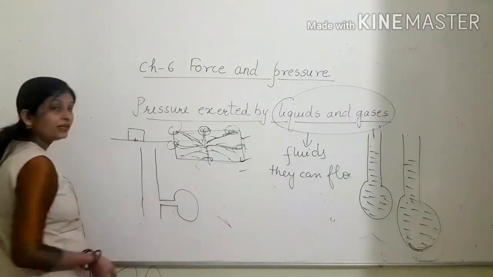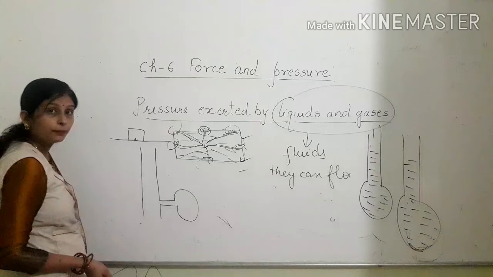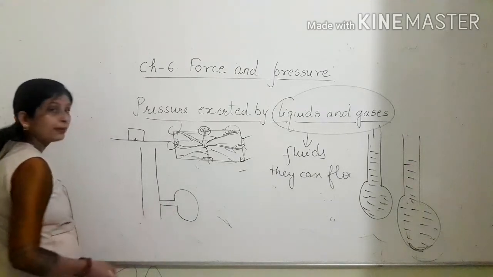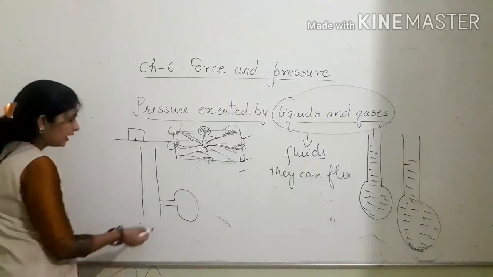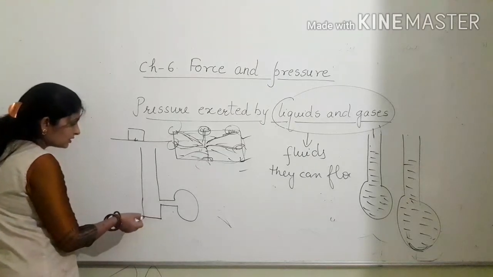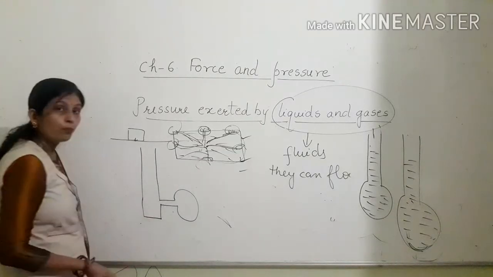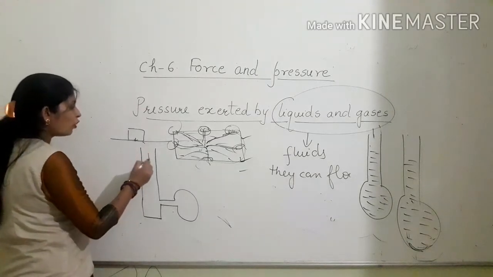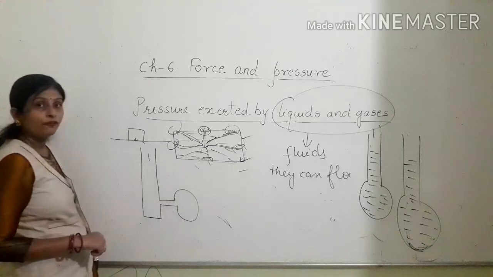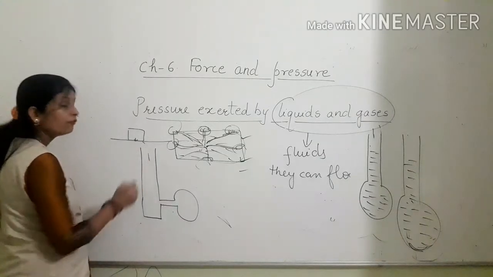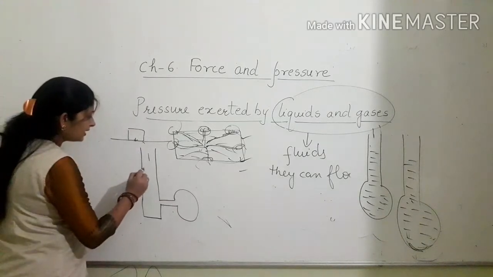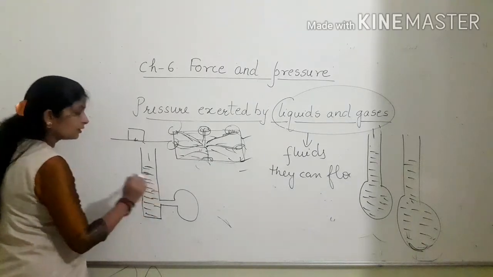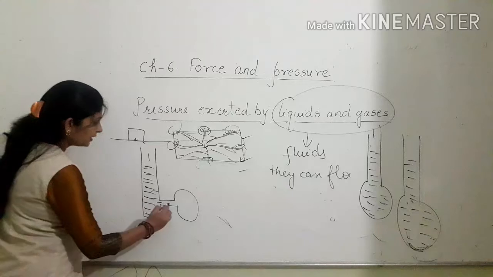Then we will tie a deflated balloon over this tap-like opening and close its bottom opening. Now pour water from the other opening, the top opening. Then the level of water will increase.